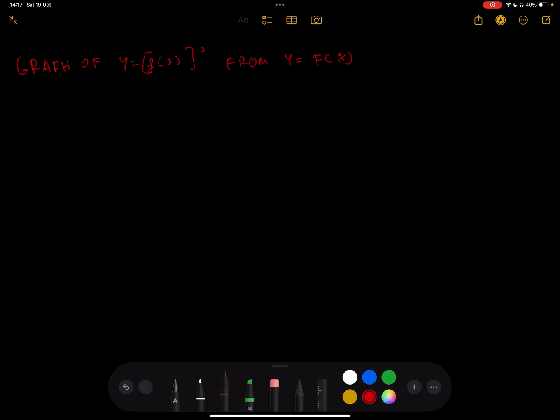Okay, so the first thing that we can say is that points on the y is equal to f of x graph with y coordinate 0 and 1 are invariant.